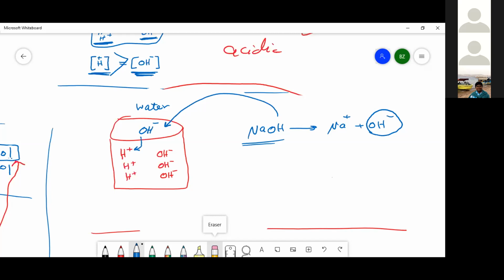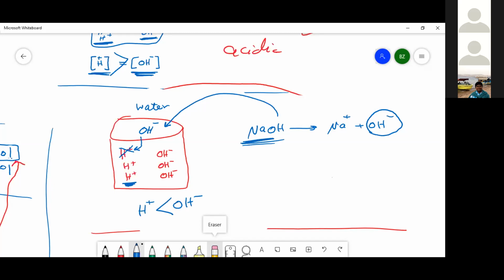So that decreases the H pluses. In different words, we say NaOH decreases the concentration of H pluses in water, right? So in this case, the concentration of H plus will be less than the OH minus. You got the point?